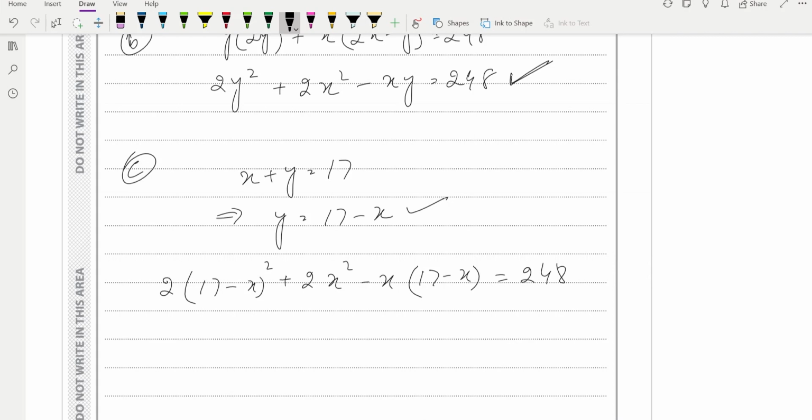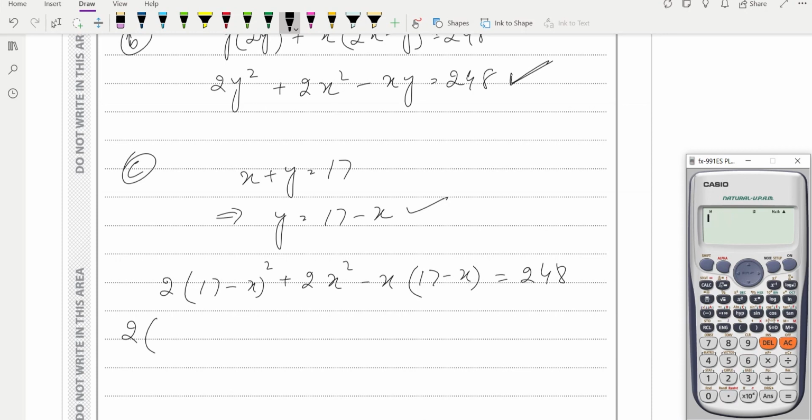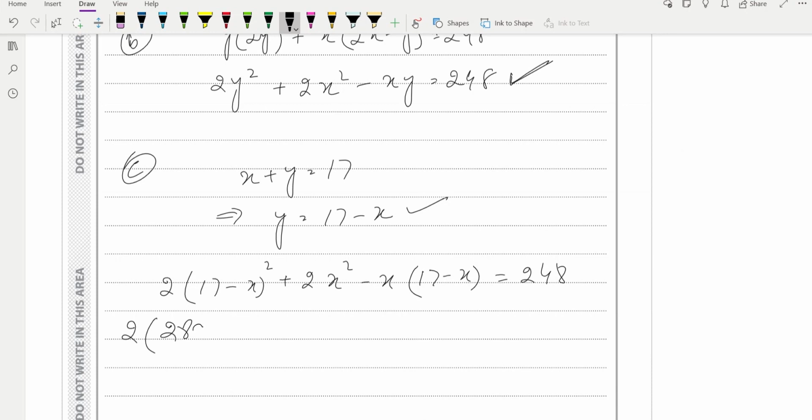So now we can open the bracket, so it will be 2 into this one will be a square, meaning 17 squared will be equal to 289. Here we are using the formula a minus b squared is equal to a squared plus b squared minus 2ab. This is the formula which we are using.